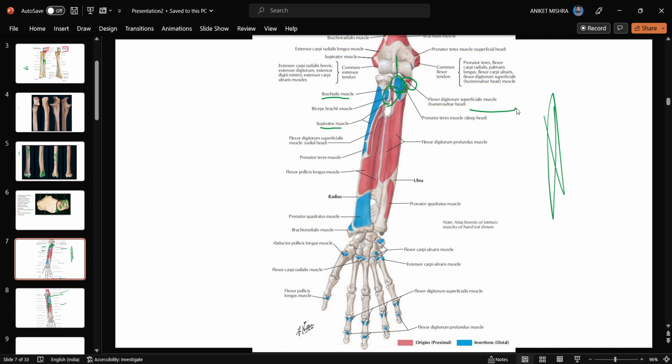Coming a little downward, the deep head of the pronator teres originates from the medial margin of the coronoid process. The flexor digitorum profundus originates from the upper 3/4 of the anterior and medial surface of the shaft, the medial surface of the coronoid and olecranon process, and the posterior border of the shaft through the aponeurosis, which also gives origin to the flexor carpi ulnaris and extensor carpi ulnaris muscles.